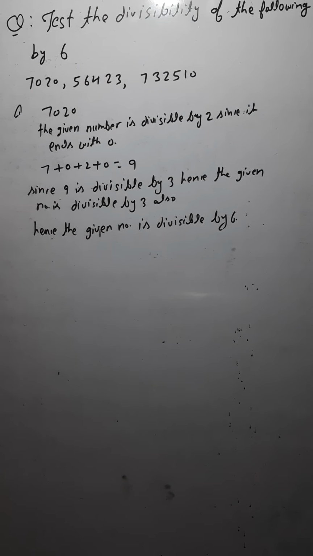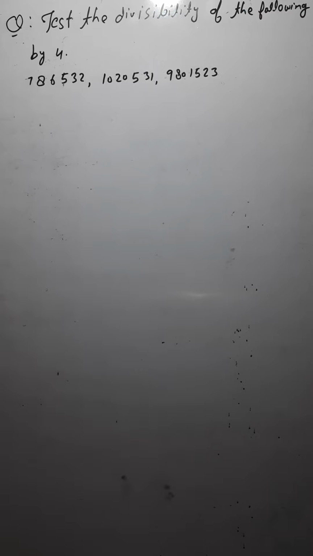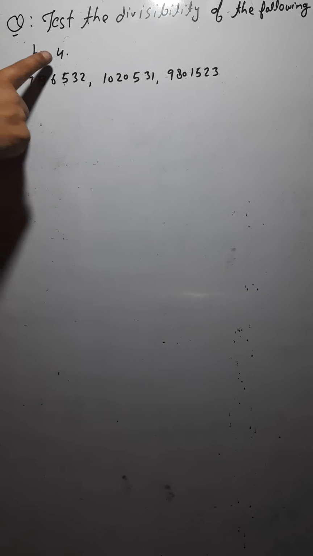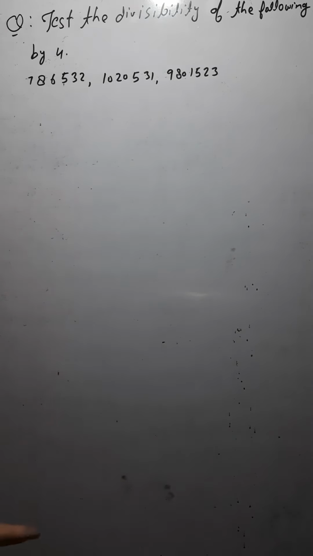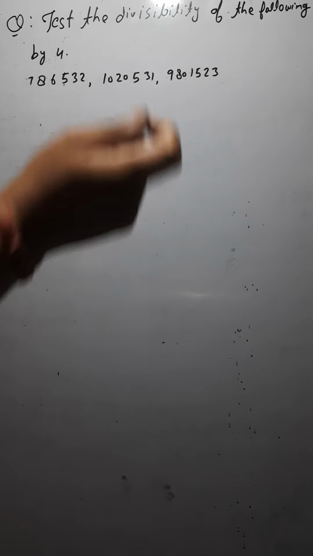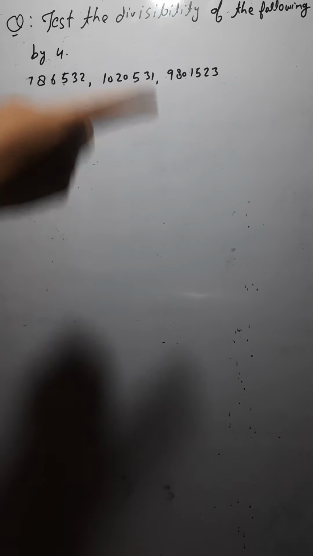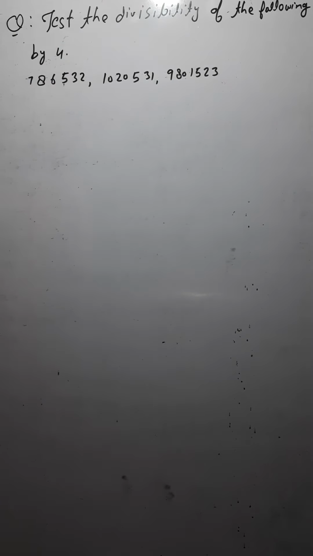Now we would do the next question. Now you have to check whether the given number is divisible by 4 or not. So for 4 we have a rule, and the rule is, if the number formed by the last two digits is divisible by 4, then the given number would be divisible by 4.